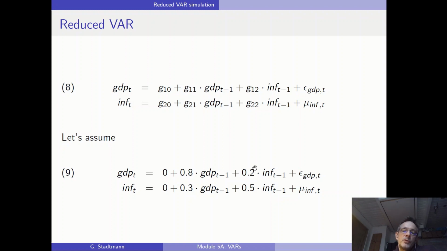Then G12 is assumed to be 0.2. In the second part of this system of equations, we assume that G22 is equal to 0.5. So an inflation shock is reduced by 50% after one period, and this G21 parameter should be equal to 0.3.